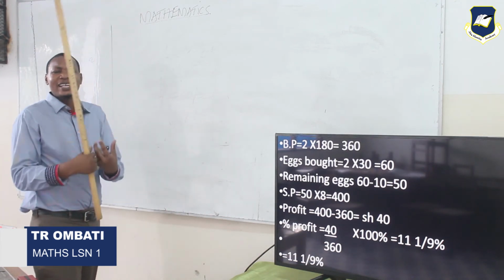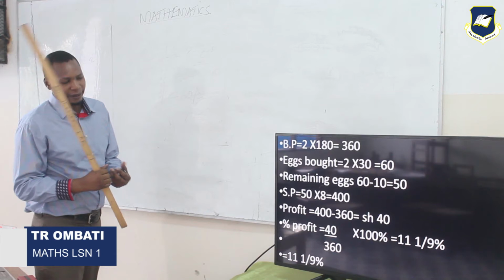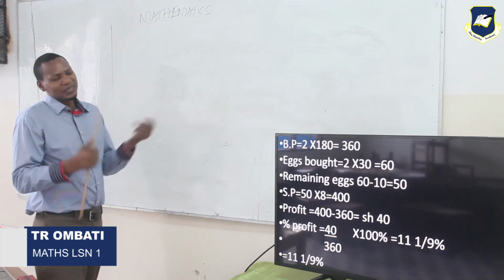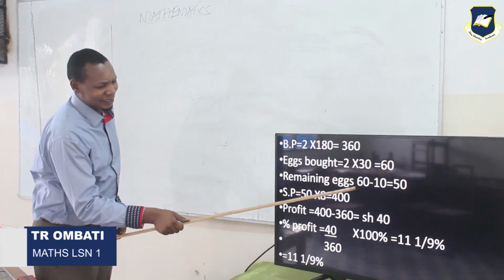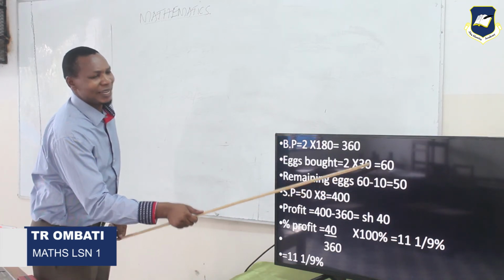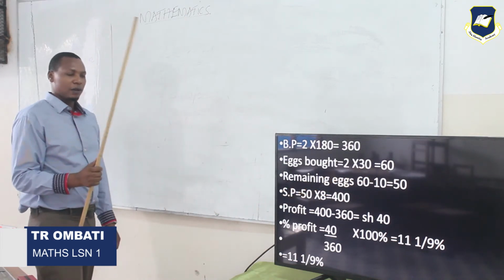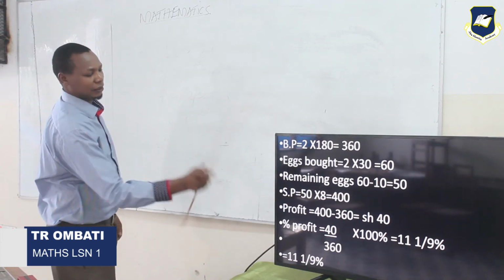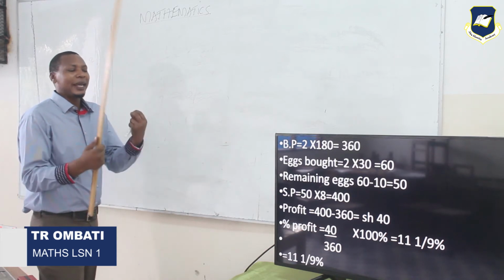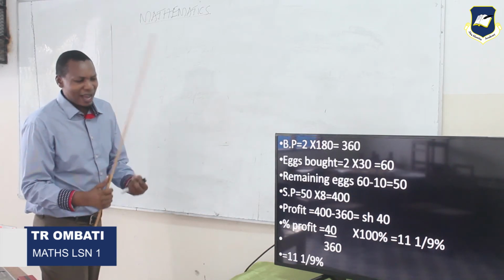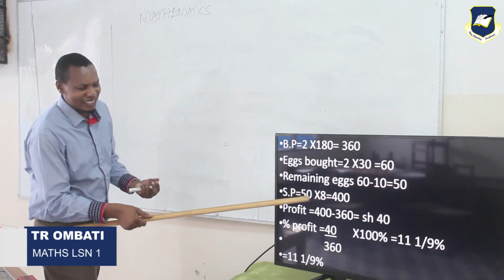So after 10 eggs got broken, how many eggs remain? The remaining eggs are 60 minus 10 eggs which got broken. We have 50 eggs remaining. What is our selling price? She sold each remaining egg at 80 shillings.